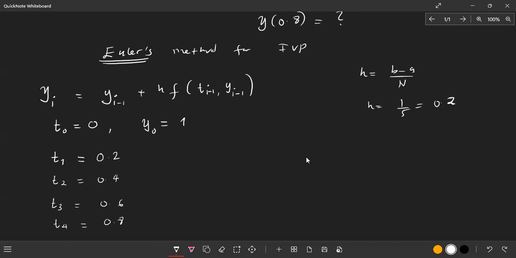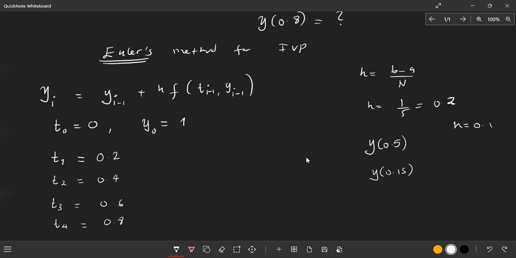We can't evaluate, let's say, y at 0.5. The reason is that our step size moves in this order: 0.2, 0.4, 0.6, 0.8, 1.0, 1.2, just like that. There's no way we can evaluate at t equal to 0.5. For instance, if our h was 0.1, then we couldn't evaluate at 0.15.